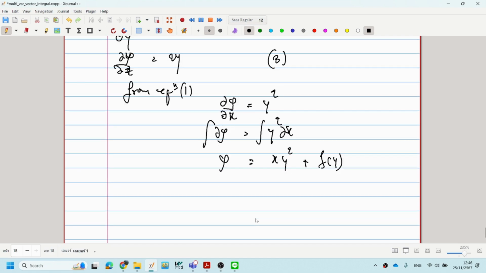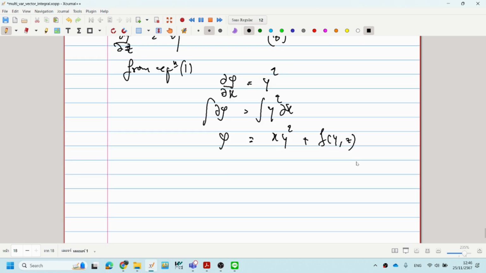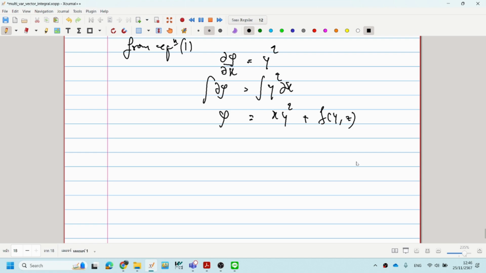So c(y,z) should be as constant, possibly constant. This is equation number 4.